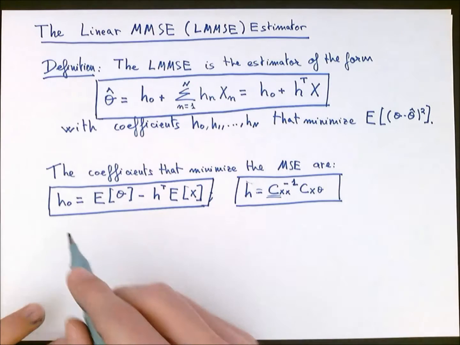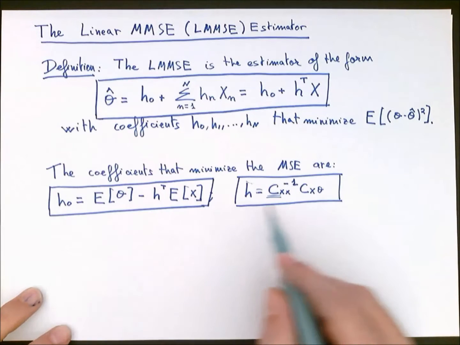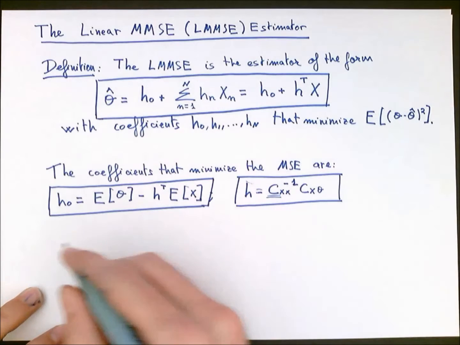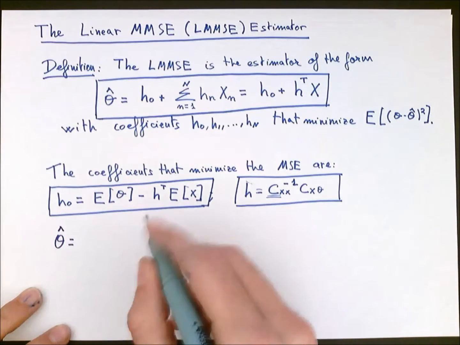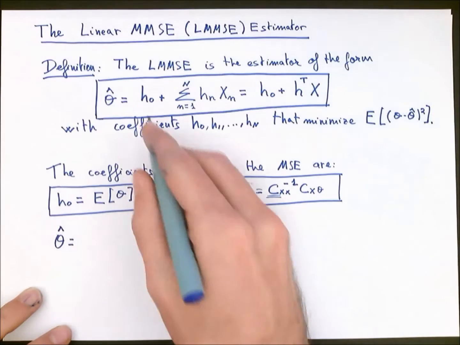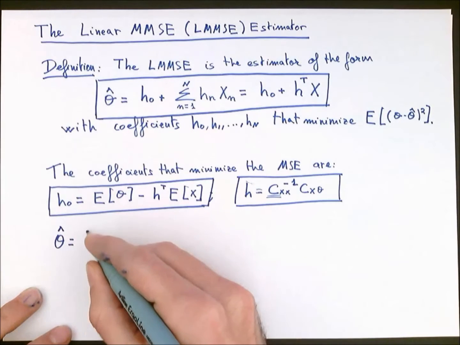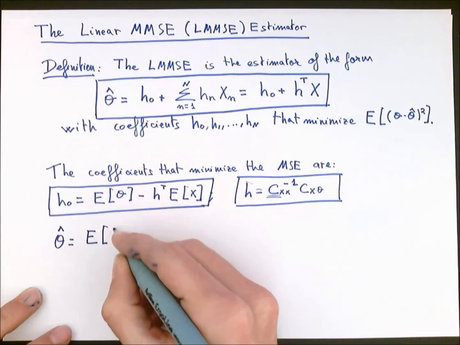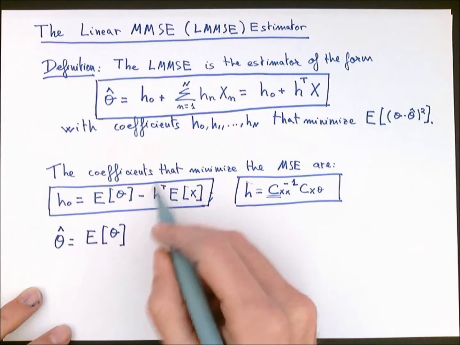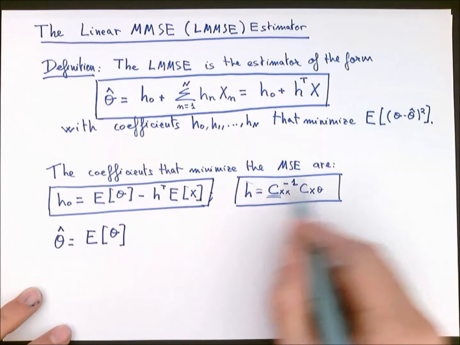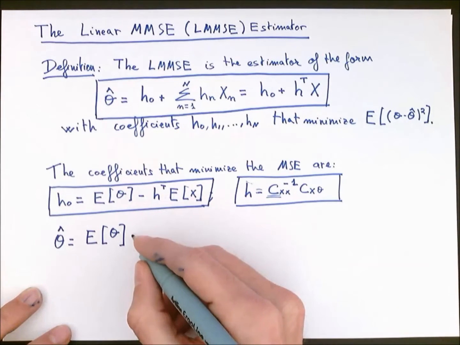If we now plug the expression of the coefficients into the expression of the estimator, we can write the final expression for the LMMSE. First, we substitute h0. And rather than writing it as a function of the vector of coefficients, I will also substitute the value inside.